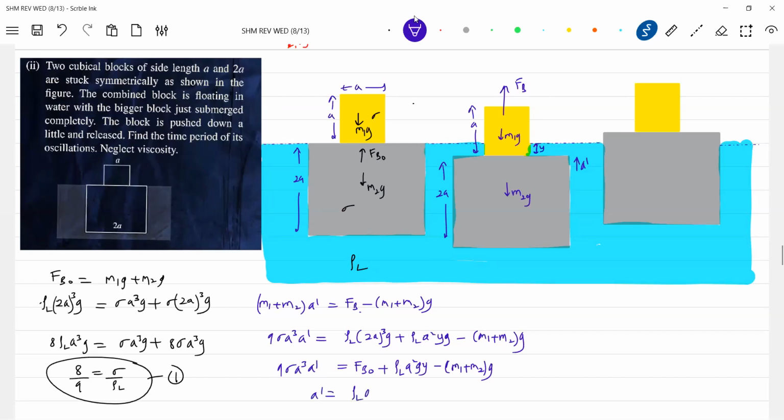A dash equals rho L A square g by, rho L by sigma we have, by 8, g by 8A, sir. g by 8, yeah. This is A dash.